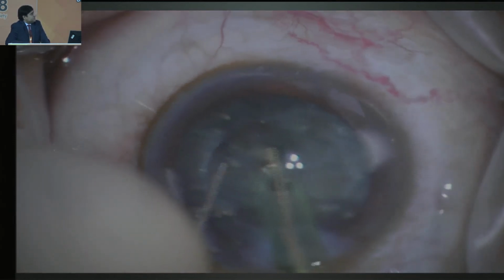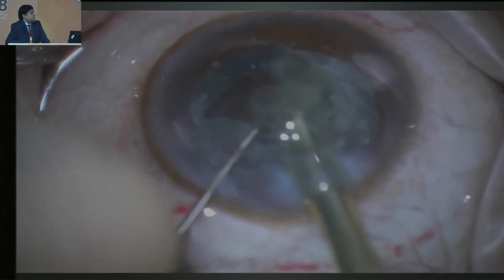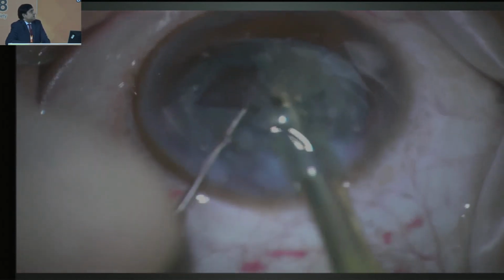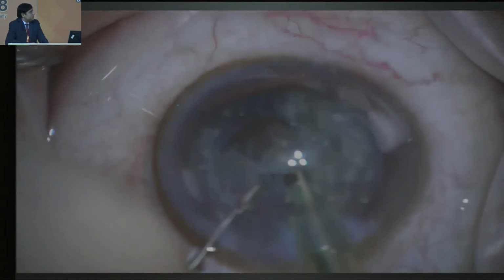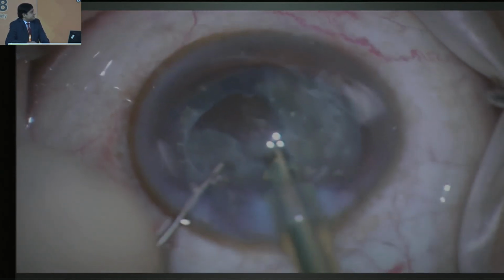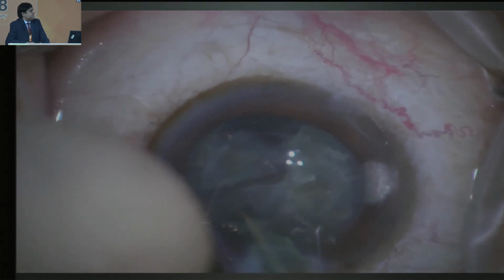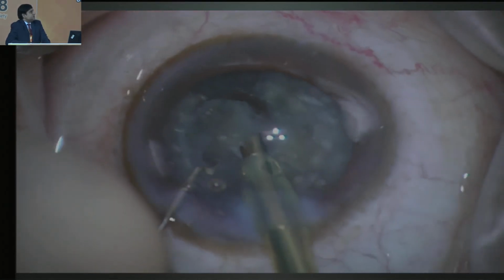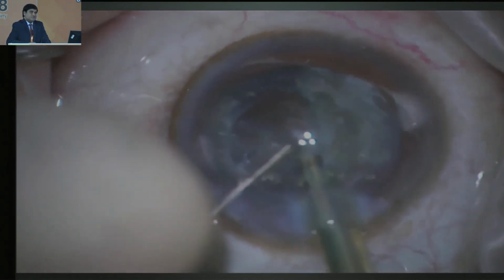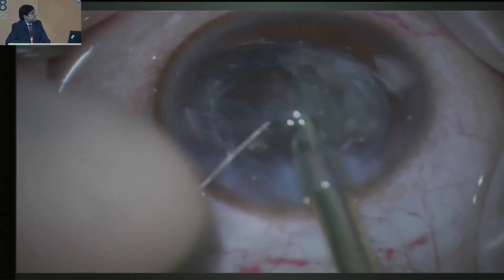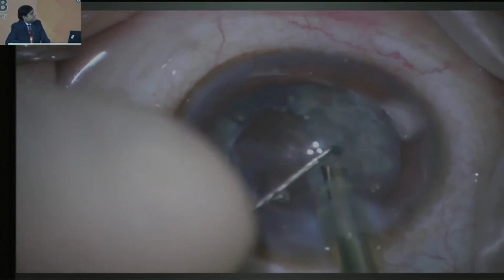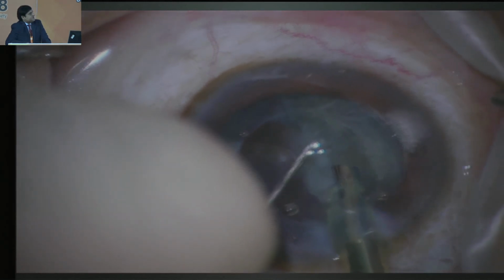And you can see here we will go circumferentially without really rotating the nucleus, and that becomes possible here only because segmentation has cleaved the nucleus well into the mid-periphery of the lens. And you can see here that each of the nuclear sextants, like we call it, we made 6 pieces here with the femtosecond laser, nicely separates because of that segmentation pattern.